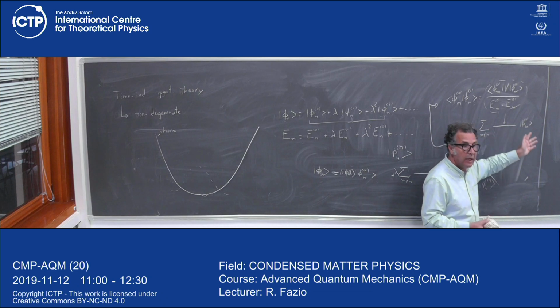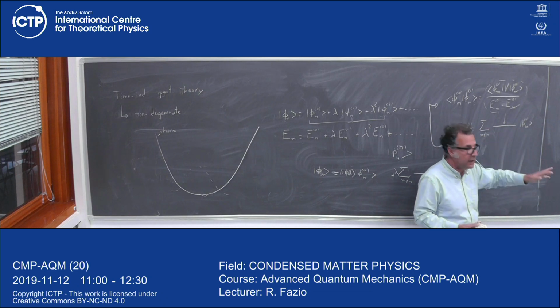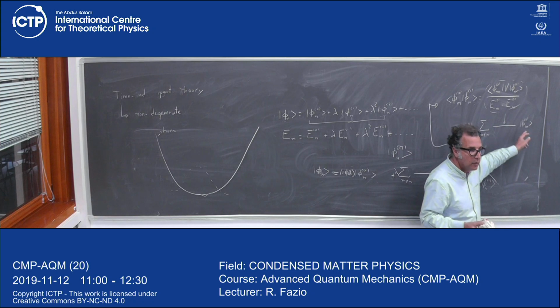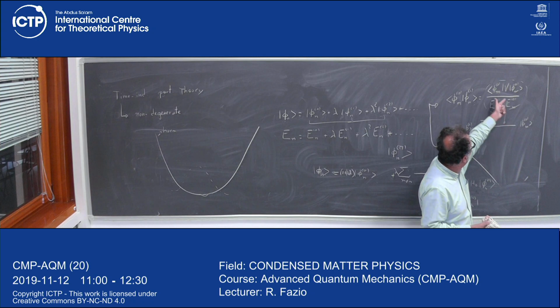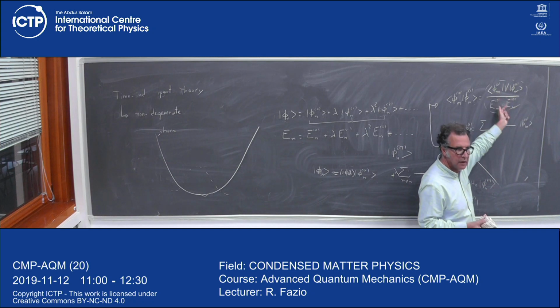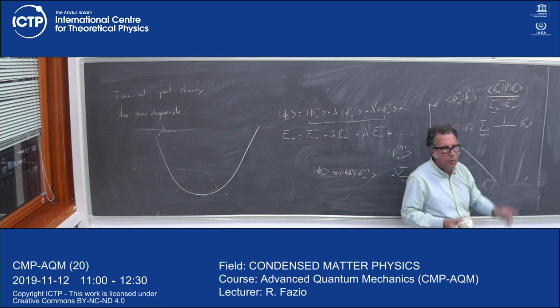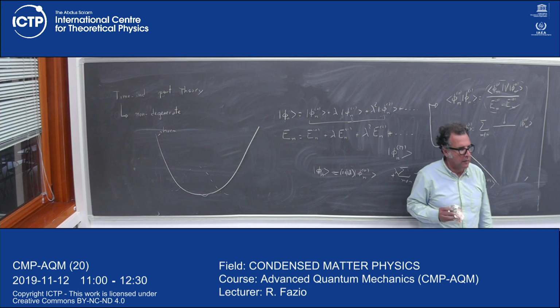So basically I will have components not only in the ground state, so just say m equals 0, but I will have components which are in all the other states. And the smaller is the perturbation, the smaller are those components. So at the level of energy, if I look at the first order, I just have a shift.